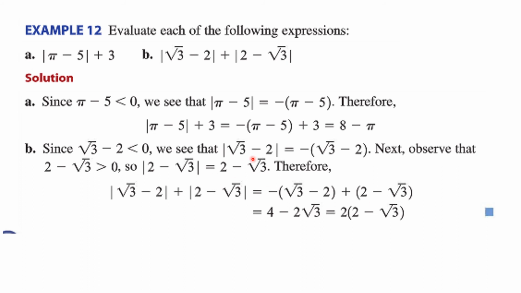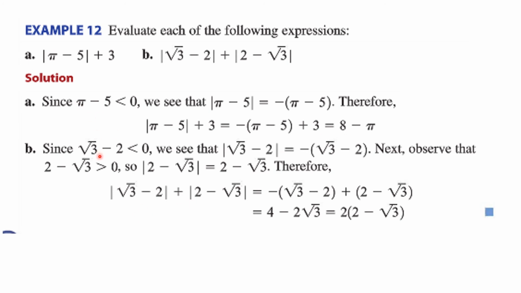Well, here, since pi minus 5 is less than 0, then this absolute value is the negative of that. And so we're going to replace that this way, do the simplification, and we get 8 minus pi. That is the exact answer. And many things you'll be doing without a calculator, so the answer to this would be 8 minus pi.